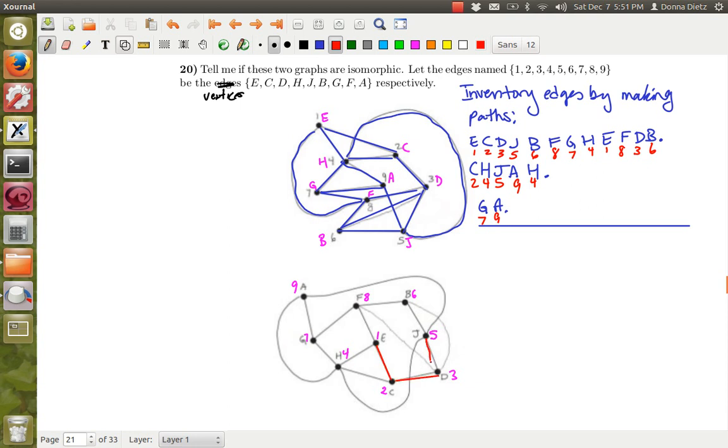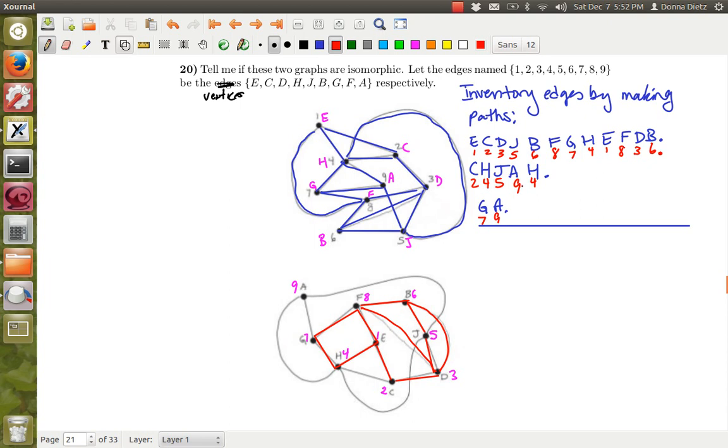I was using the letters on the number path and the numbers on the letter path, whatever. 1, 2, 3, 5, 6, 8, and 7, 4, 1, 8, 3, 6, 2, aha, wait a minute, 6 to 2. Oh, that's right, because this was the end of a path, so we're done.